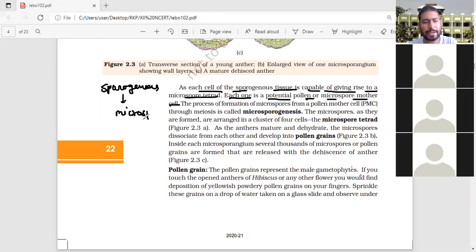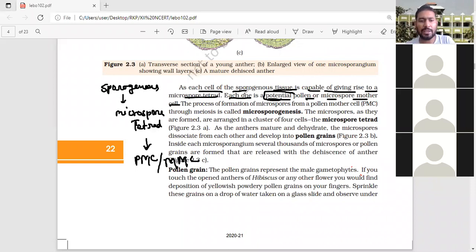Each microspore tetrad has the potential to form pollen or microspore mother cells. I told you this will form the PMC, pollen mother cells, or MMC, microspore mother cells.